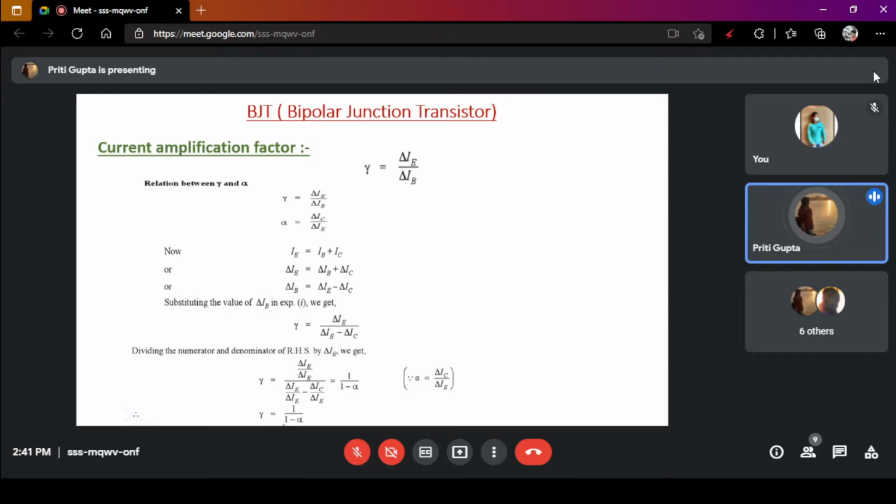Write down this derivation, and once you are done, let me know. I'll move to the next slide.